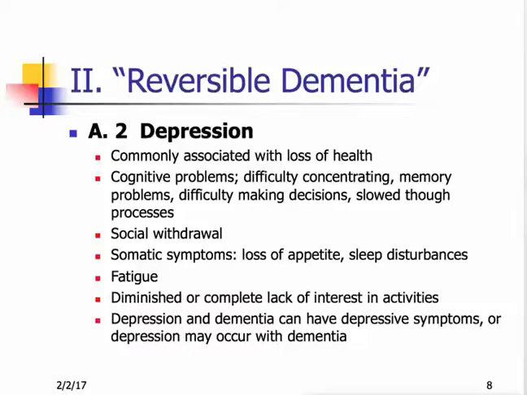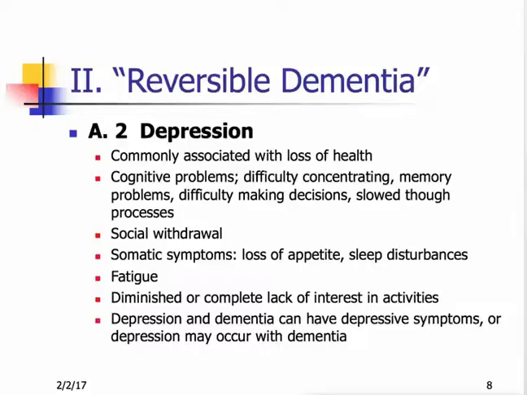Looks like I have a typo there. Social withdrawal, somatic symptoms like loss of appetite, sleep disturbances could either be insomnia or waking up very early, waking up in the middle of the night, or sleeping too much. Fatigue, diminished or lack of interest in activities.